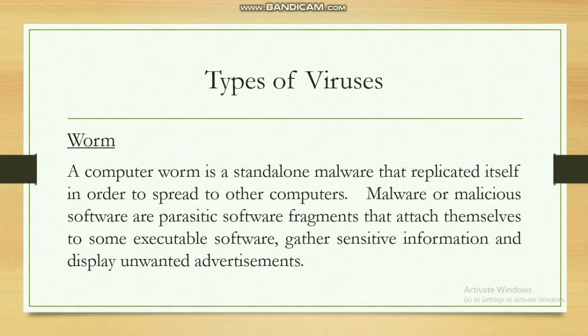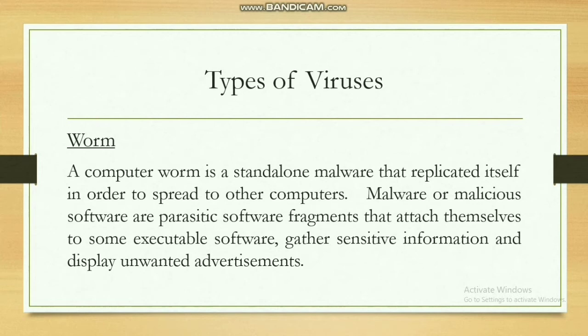Look here, as I have said, worms are standalone and infect the database, or they always start popping up unwanted advertisements, so that you are seeing those advertisements even though you don't wish to see them. These fragments inside the worms are shooting up every second on the screen, so that you are compelled to close those windows or compelled to see those advertisements.